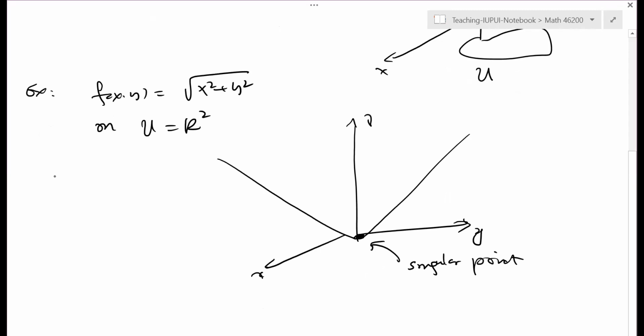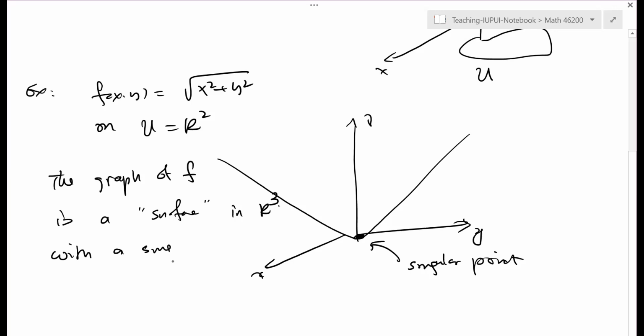So the graph of f is a surface in R3, but we haven't defined what a surface means here. And there is a singular point at 0, 0, 0. It's easy to understand the graphs and get some ideas about them.